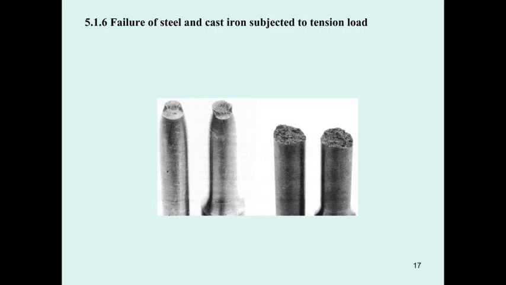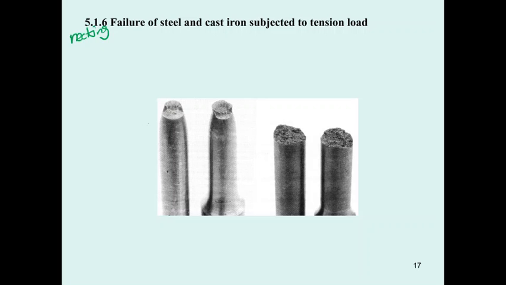Okay, and when it fails, cast iron fails differently from steel. During the steel test, the behavior passes from the elastic to the yielding to the strain hardening. At the strain hardening, you will notice what is called necking. Remember the necking. That means the cross section of the steel specimen will become smaller when you increase the force.